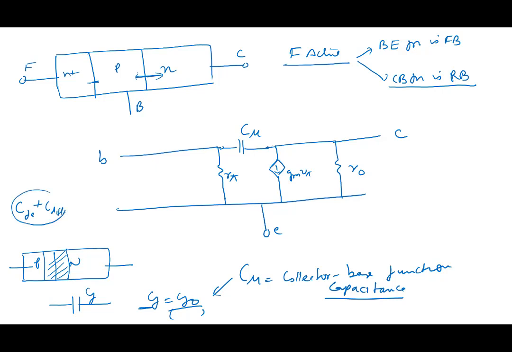Two capacitances are going to be there. We're going to combine them and call this one single capacitor, which is called C pi. Note that this is a forward bias capacitance.